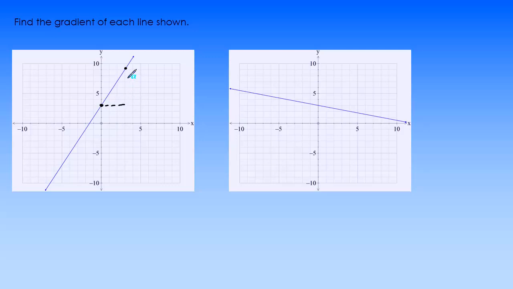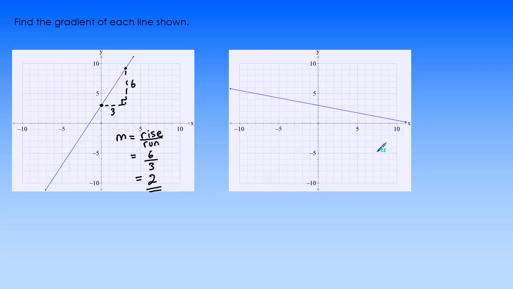Or we could just form a right-angled triangle here and say that we can see that the run, the distance across to the right, is 3, and the rise is 1, 2, 3, 4, 5, 6, and then the gradient is the rise divided by the run, which is 6 divided by 3, giving us 2.